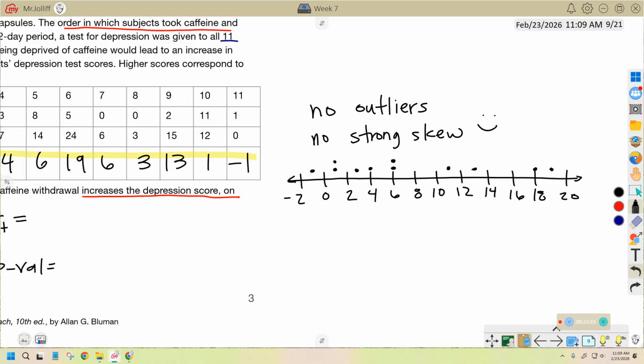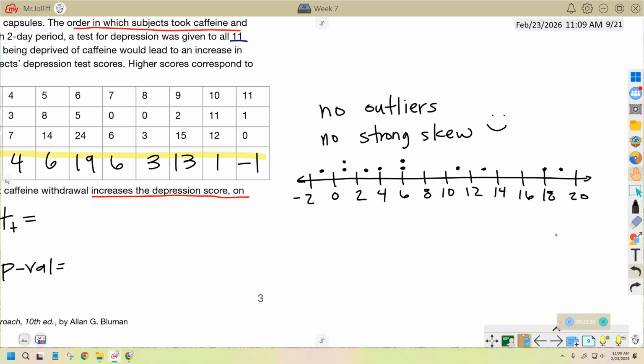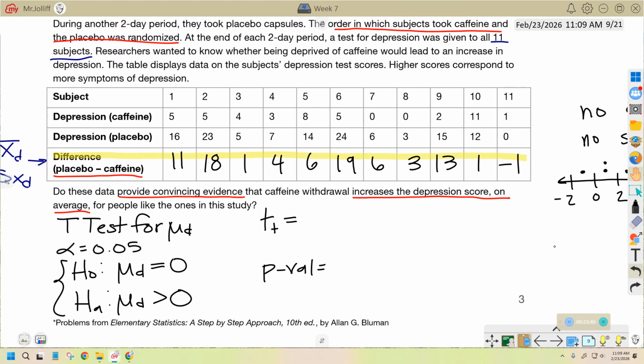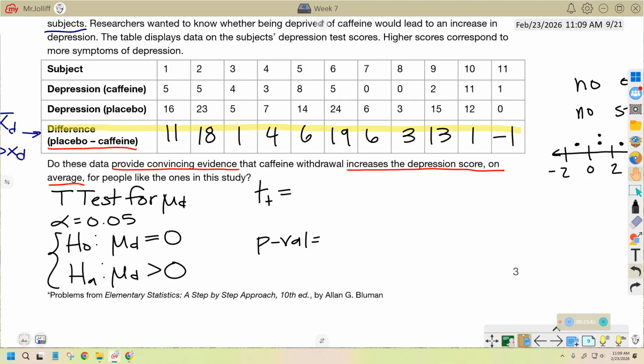We can now do the formula. I know my t-test statistic: sample value minus population value, divided by standard deviation over square root of n.